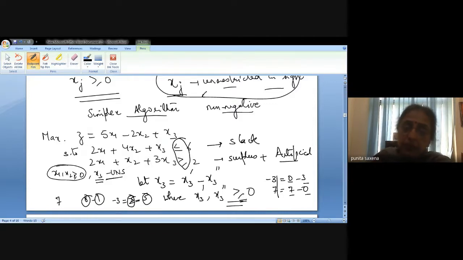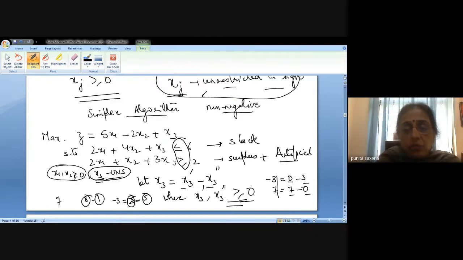So what we do is, we replace the variable which was unrestricted in sign with two variables which are non-negative. So what have I done? I've simply added a variable here, but now all my non-negativity restrictions are being satisfied.